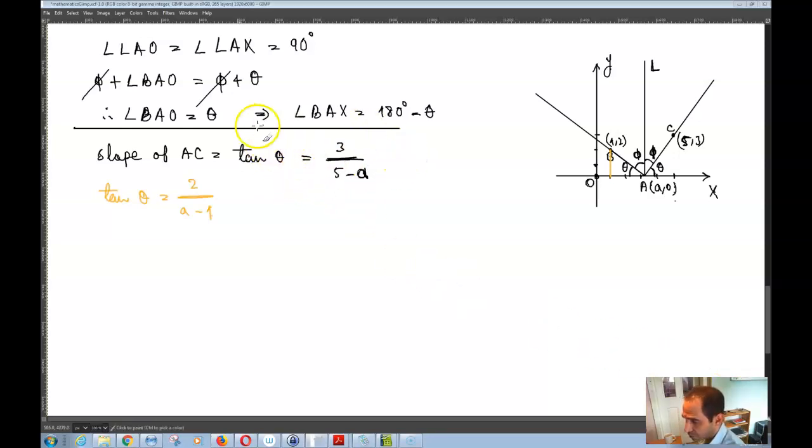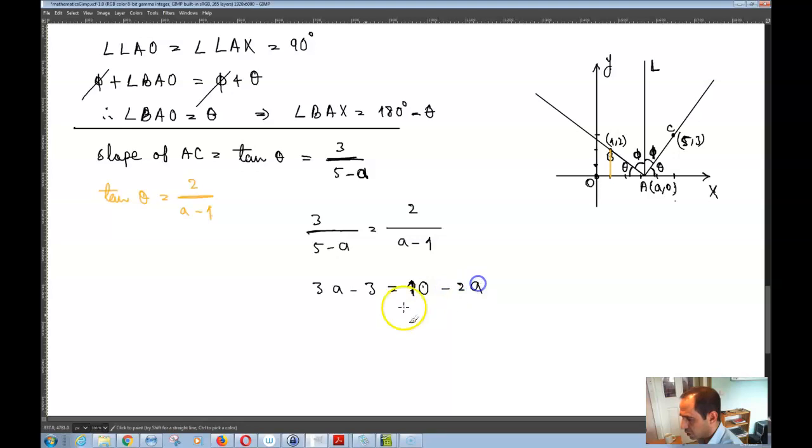So now we have a relationship between tan of theta here and tan of theta here. Since tan of theta is equal to tan of theta, we can write 3 over 5 minus A is equal to 2 over A minus 1. If you cross multiply, you get 3A minus 3 is equal to 10 minus 2A. 3A plus 2A is equal to 10 plus 3, which is 13. So 5A is equal to 13, and A is equal to 13 fifths.